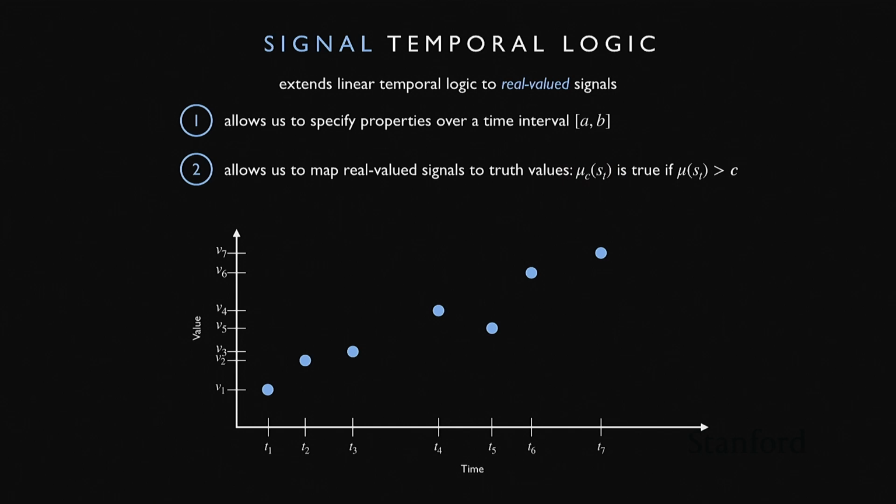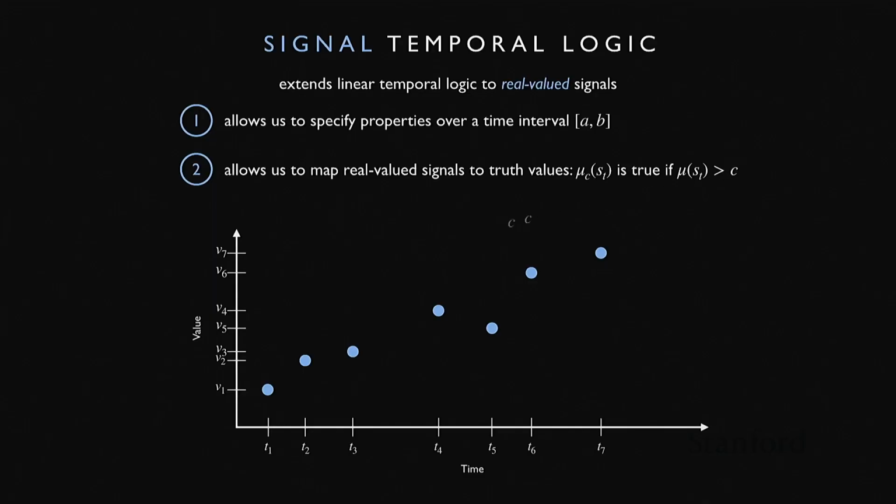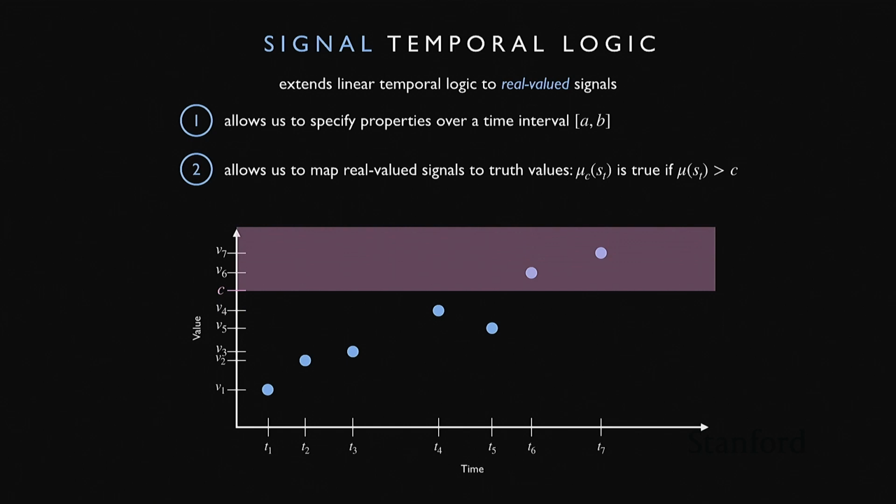All this is saying is we apply some function to our state and we check if it's greater than some constant value c. It's just another predicate in our toolbox. To demonstrate, we have some value c, and we're checking whether our signal is greater than that value. So it would satisfy it over here, but not over here.